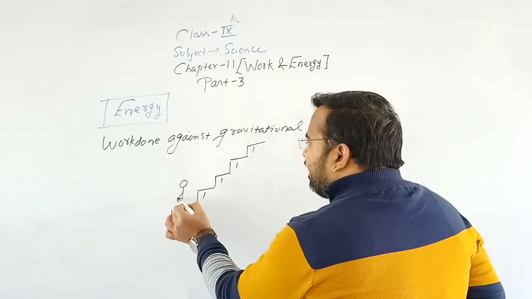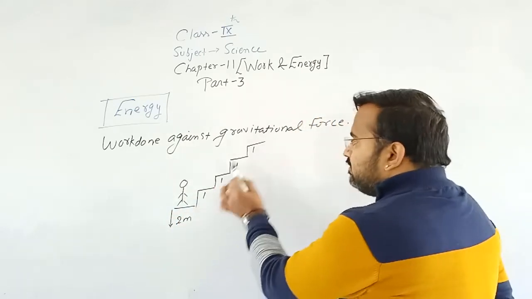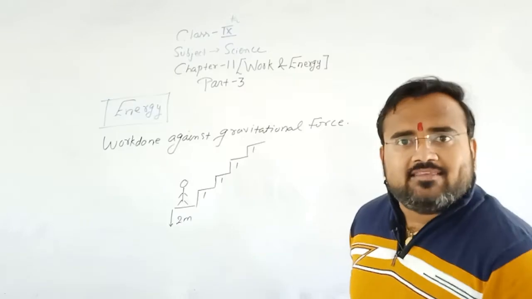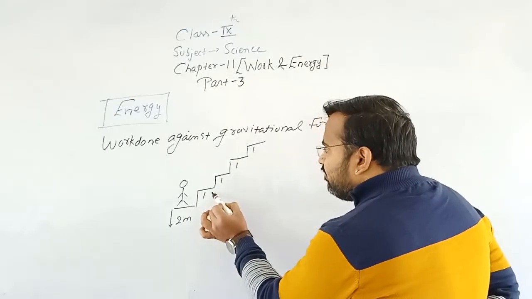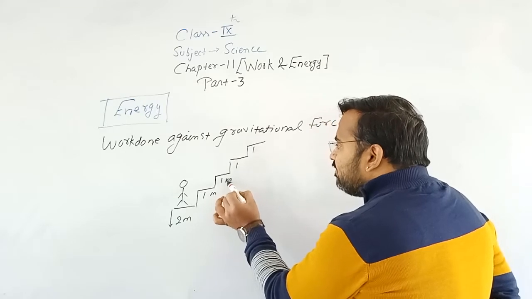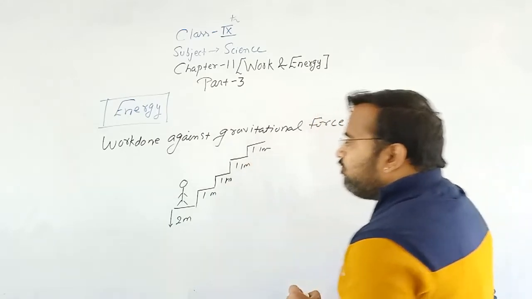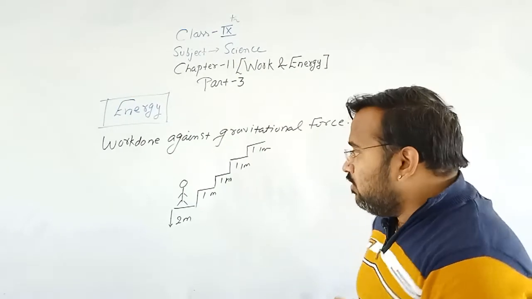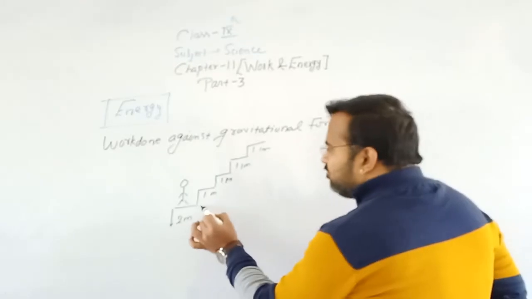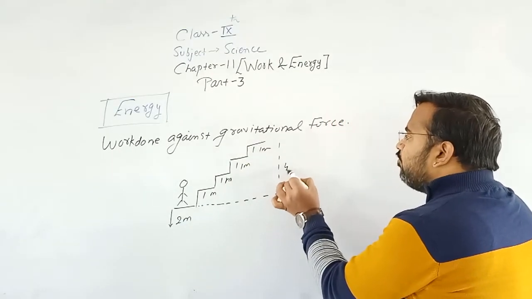When a boy starts to go up on an escalator, he will cover this much distance, 1 meter, 1 meter, 1 meter and 1 meter. Now what would be the displacement he has covered? He has covered the displacement 4 meter.